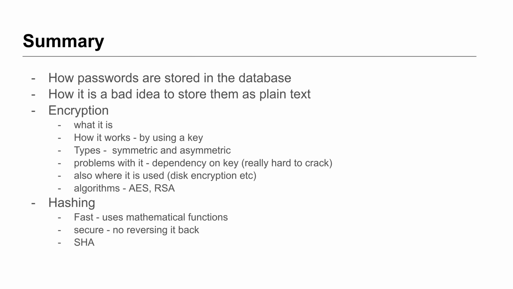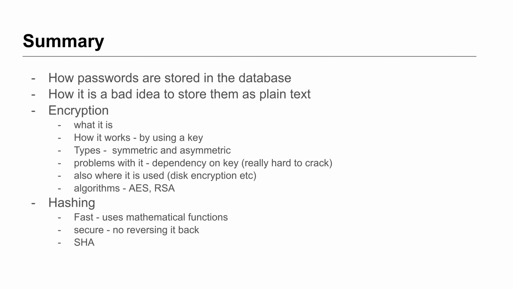We learned about what are symmetric and asymmetric encryption. We saw how there are symmetric keys which allow to decrypt and get the original password back. We learned about asymmetric ones which need different keys to decrypt and encrypt.